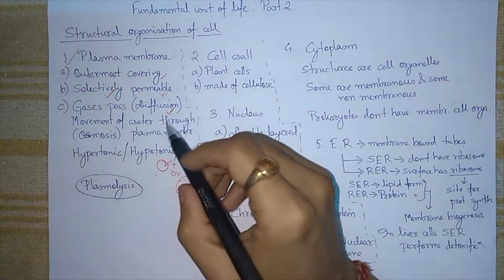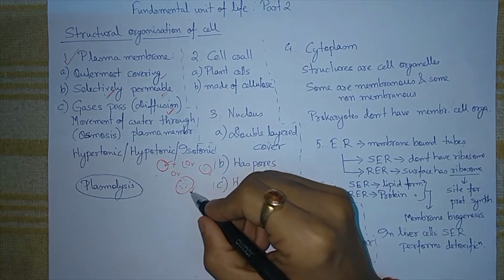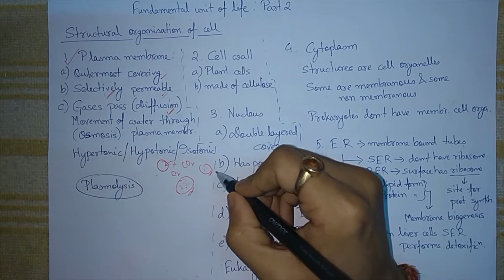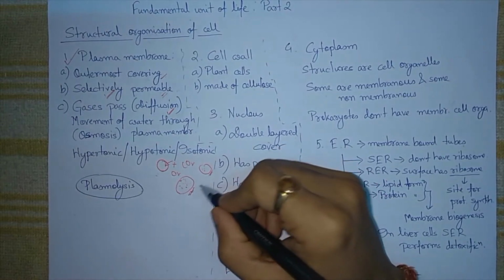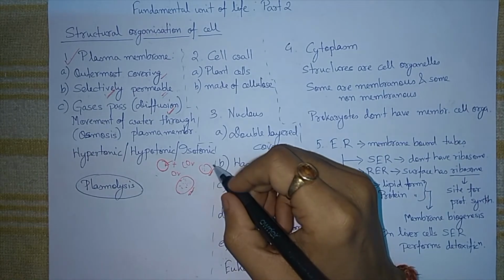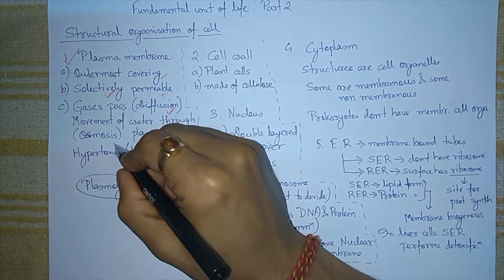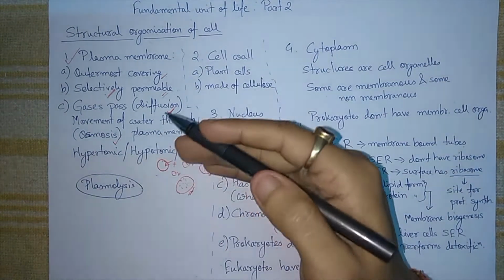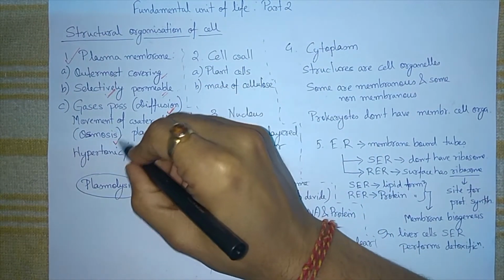Now water also moves from higher concentration region to the lower concentration region. This movement of water through the plasma membrane occurs by the process of osmosis. Remember, osmosis. Now what is the difference between diffusion and osmosis?